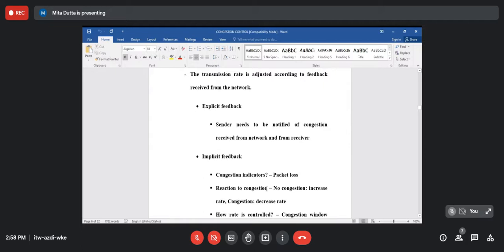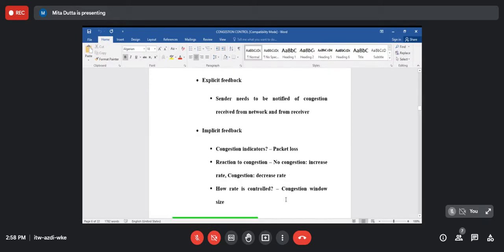Now, reaction to congestion. What happens when congestion occurs? If there is no congestion, we increase the data rate. And if there is congestion, we decrease the data rate.